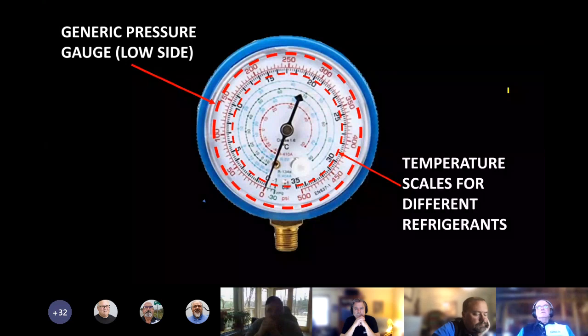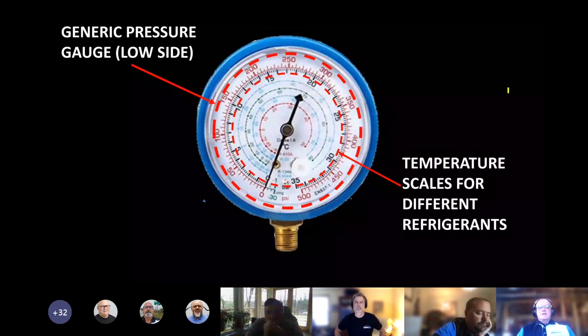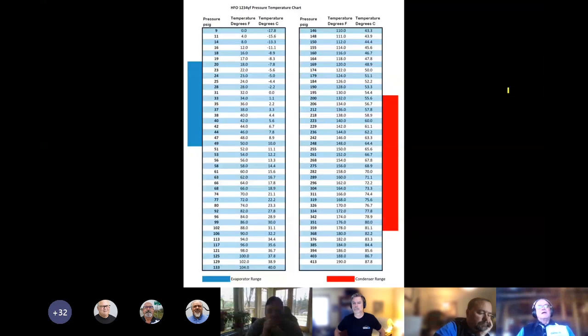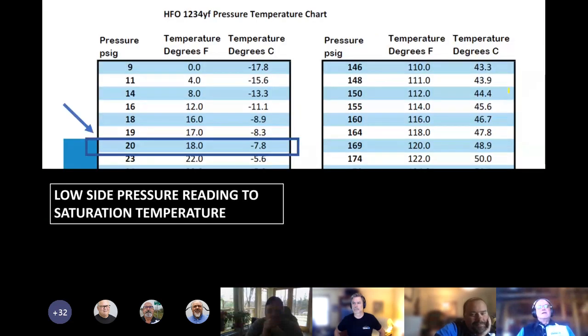Of course, we need a pressure temperature chart specifically for the refrigerant that we're using before we can calculate subcool, superheat, and subcool. This is one for 1234YF. It's available for you in the resources there. And here I've zoomed in on it. So if we had a pressure of 20 PSI on the low side, we're using the chart to convert that to a saturation temperature.